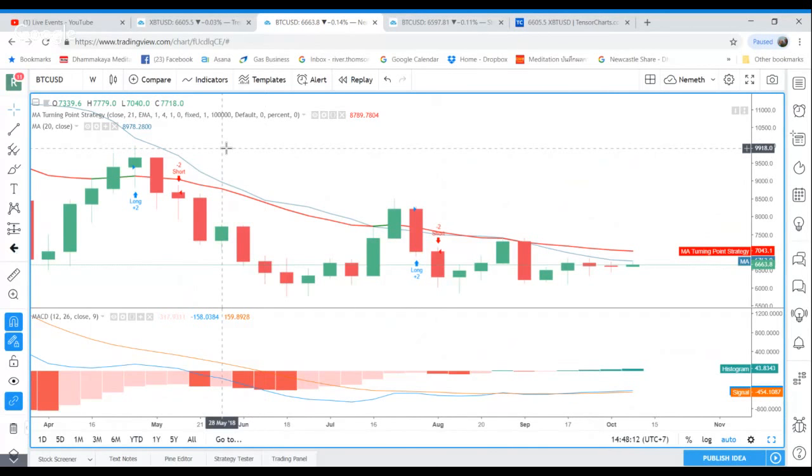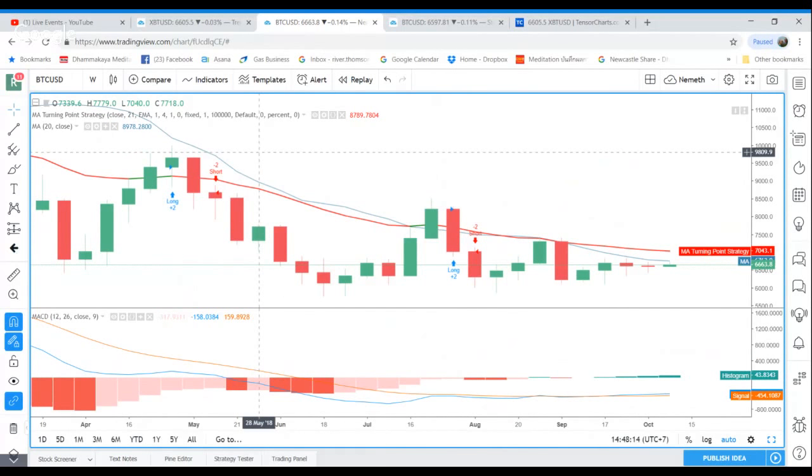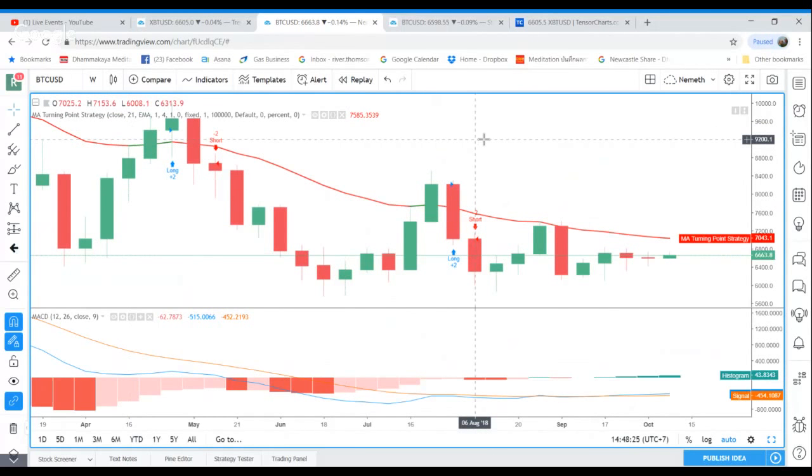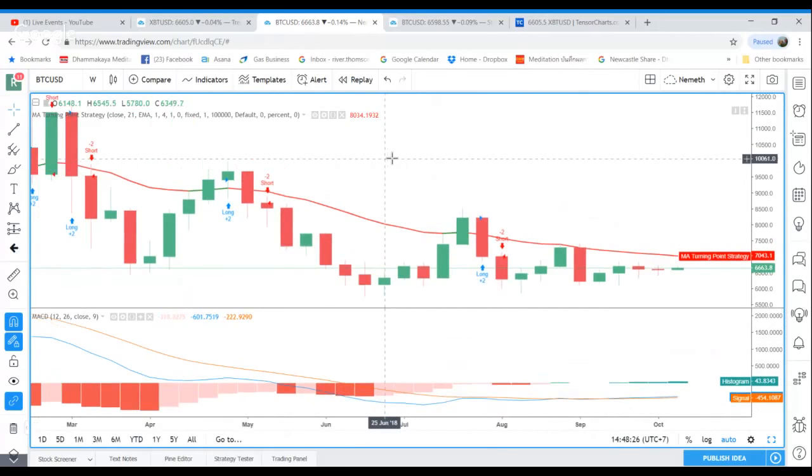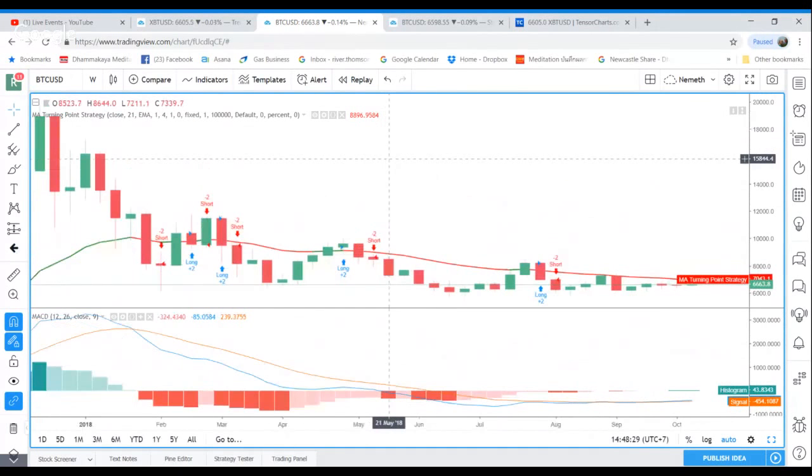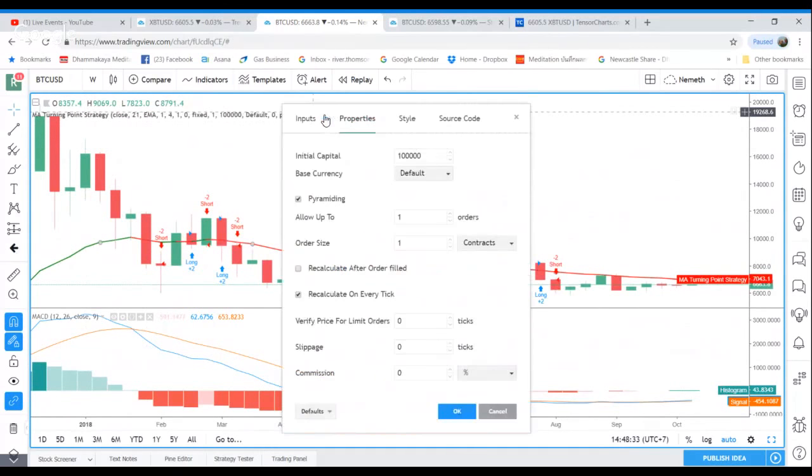But in practice, I think it's enough just to use 1 or 2 different trend charts and timeframes. So here we're going to experiment using the weekly.